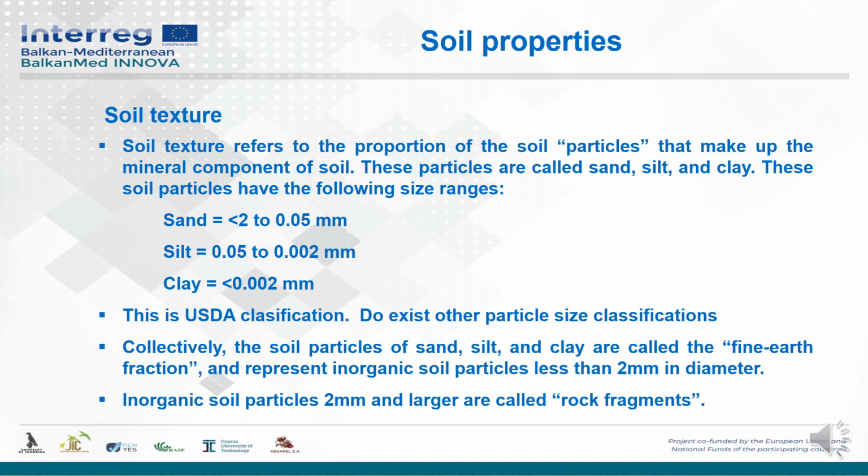Collectively, the soil particles of sand, silt, and clay are called the fine earth fraction and represent inorganic soil particles less than 2 millimeters in diameter. Inorganic soil particles 2 millimeters and larger are called rock fragments.